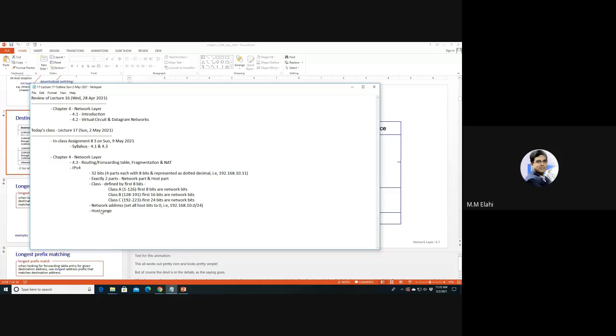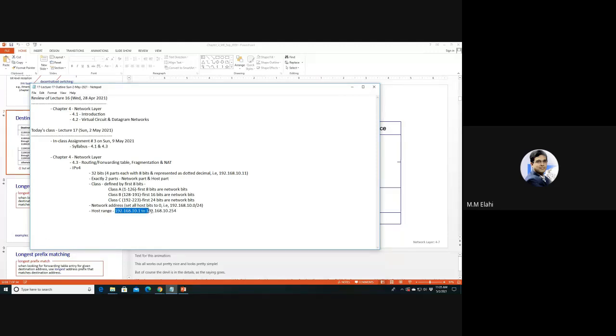That means this network represents valid hosts from 1 to 254. 192.168.10.1 to 192.168.10.254. Now, why we need this?